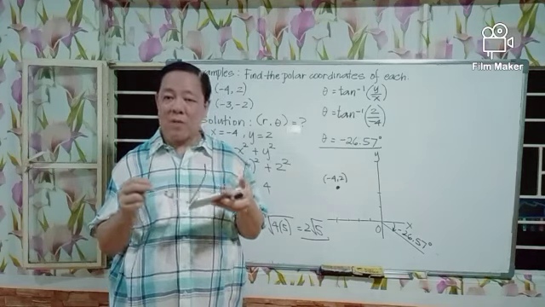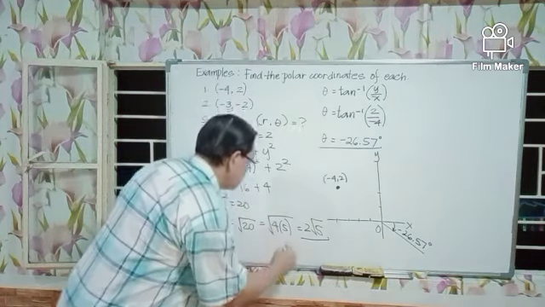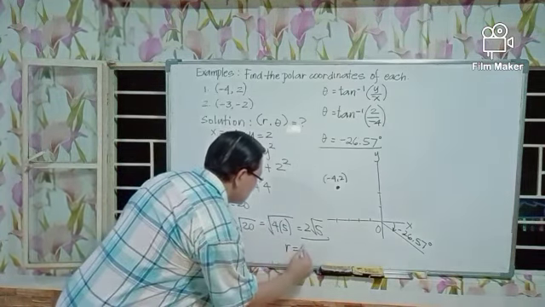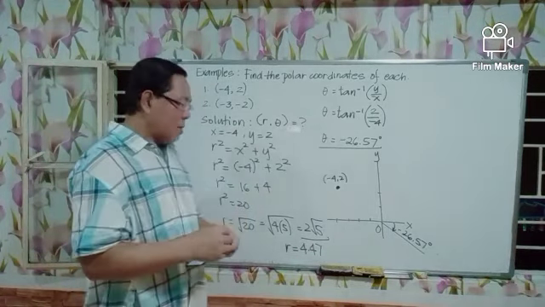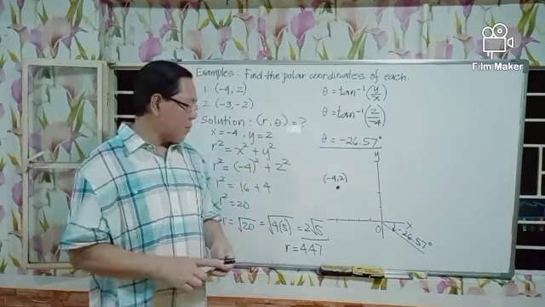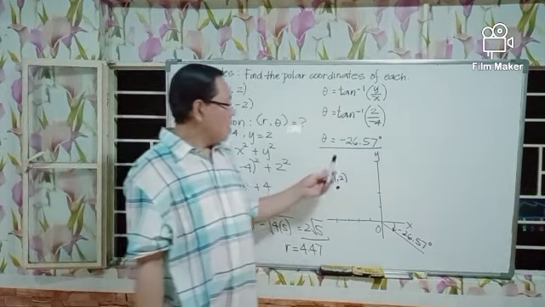That's 4.47. The value of the radial coordinate of the point to 2 decimal places is 4.47.